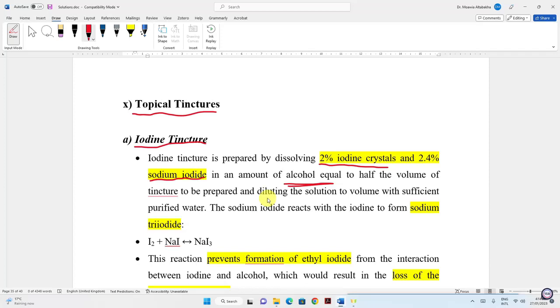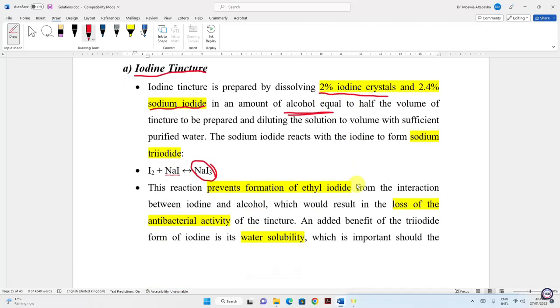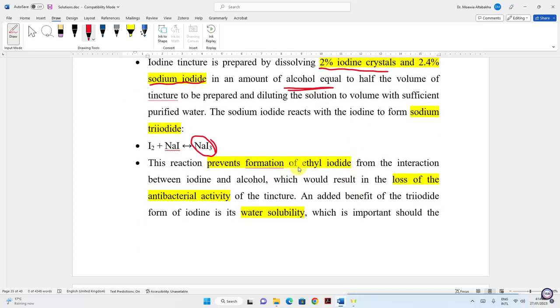So why do we need to add sodium iodide and get sodium triiodide? There is a reason for this. Actually, there are a couple of reasons. The first reason: yes, iodine will dissolve in alcohol, there is no problem about that, but this might lead to the formation of ethyl iodide.